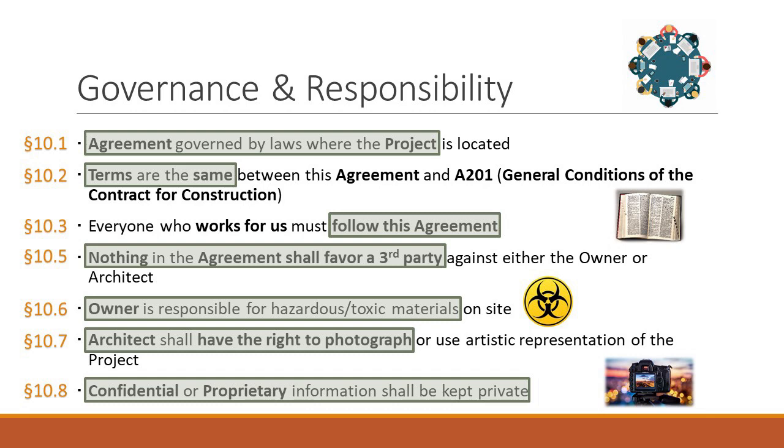Now, depending on your owner, so my project that I've been talking about, that we had the meeting with the senior members last week, we revised this provision, and we said that the architect has to get authorization from the owner before they put any pictures of the project in the architect's professional materials, because this owner wants careful control of how their brand and their business is displayed and advertised.